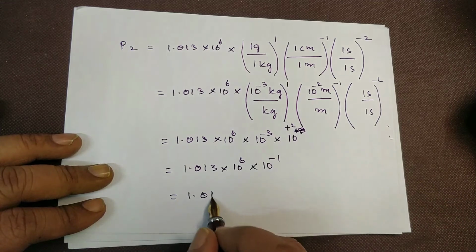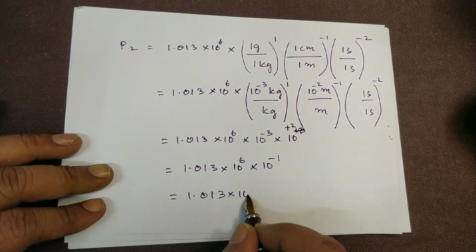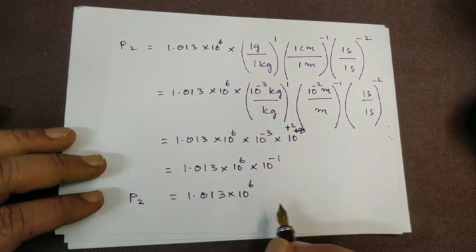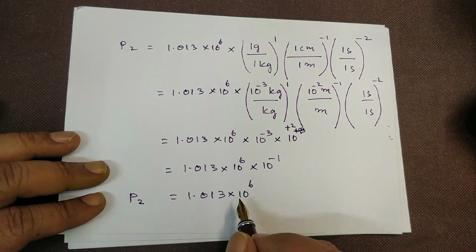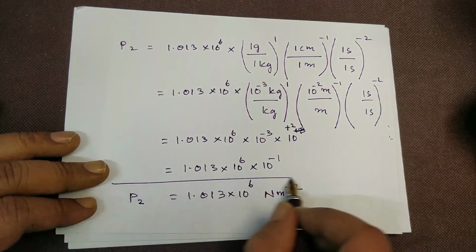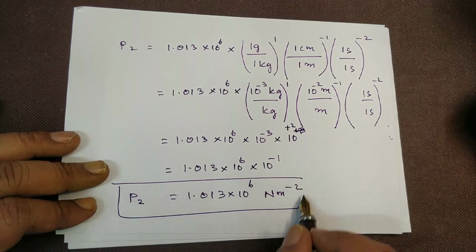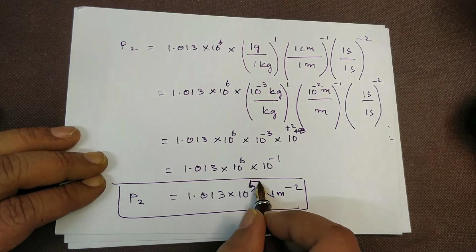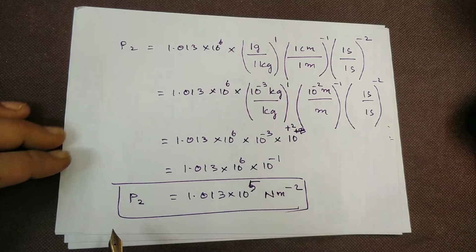Therefore 1.013 into 10 power 6. This is the pressure in what unit? SI unit, that is Newton per meter square, so 10 power 5, because 6 into minus 1 gives 10 power 5.